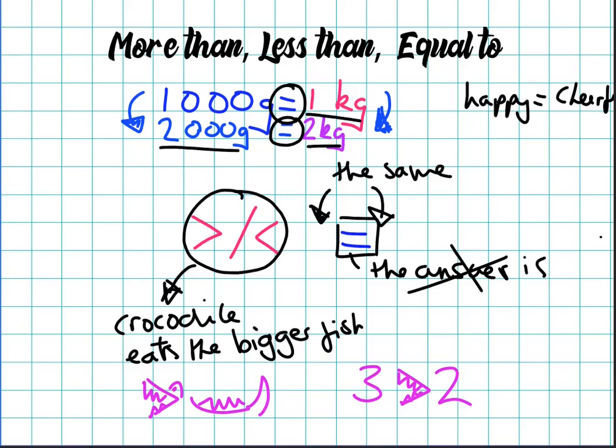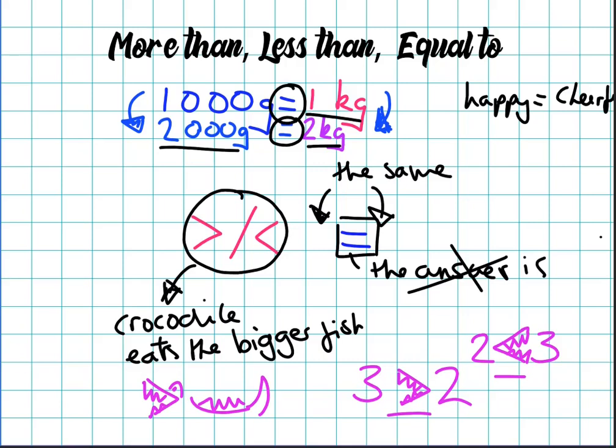Of course, if the numbers were the other way around, so if we had 2 and 3, the crocodile would be facing the other way, and we would have the symbol that way. So, good thing to recap, just to remember the crocodile eats the bigger fish. More than and less than symbols, there's really one symbol, it just changes depending on which number is bigger, the one on the left or the one on the right.